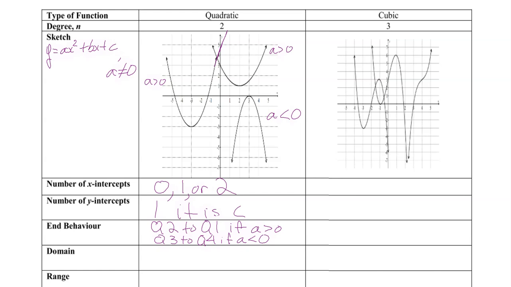What is the domain of a quadratic? All real numbers. You're basically saying, what number can you square, multiply by something, and then take another number and multiply it by that same number, the bx, and then add a c to it. Well, any number, right?